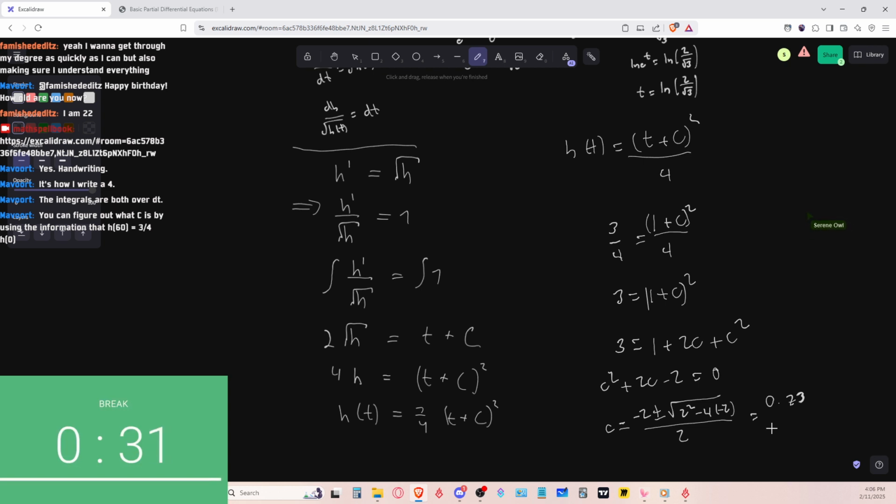If you do minus, okay, so we get a negative number on that side, so I don't think it's that. So I think more likely it's probably going to be this one.